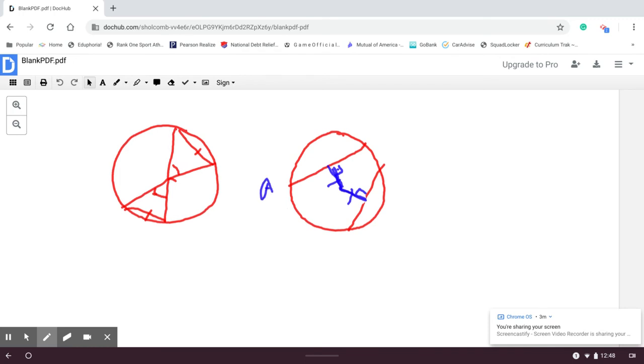So if this was chord AB, and this was CD, you would be able to write that AB is congruent or equal in measure to CD. And you could do some math like that. That's theorem 12-7 and its converse.